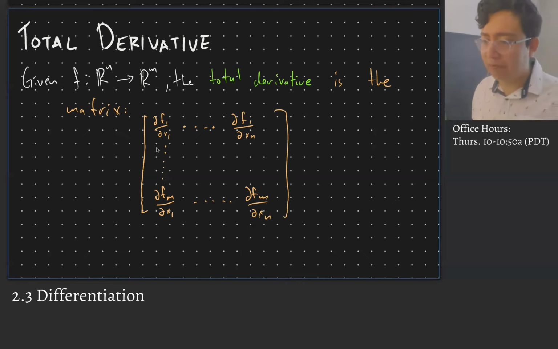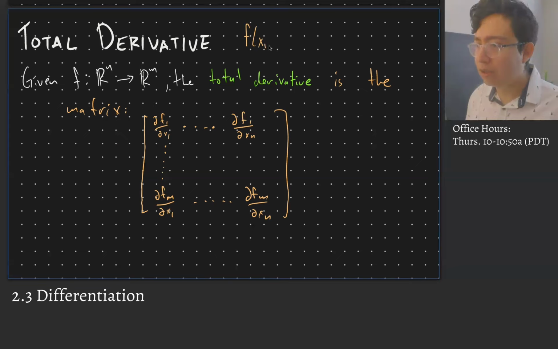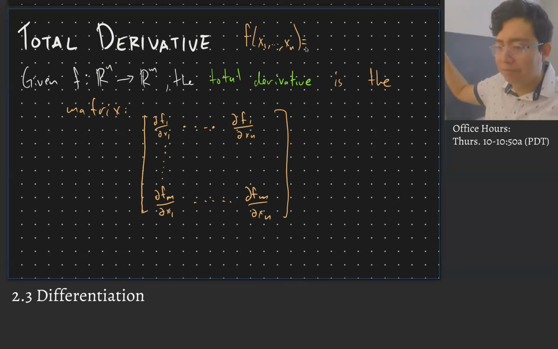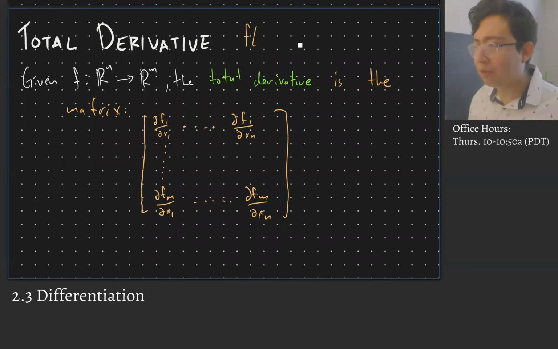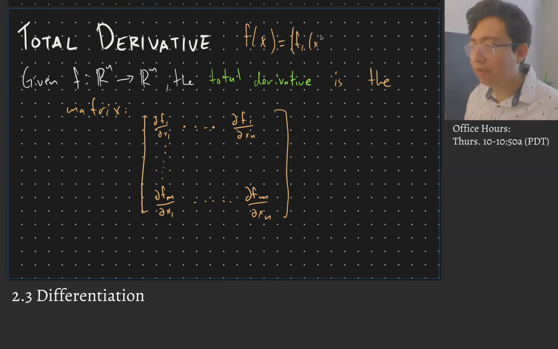So what are f1 through fm? Remember, we can take a function with a vector valued output and think of the output as just a bunch of scalar valued functions.